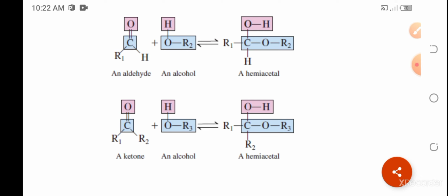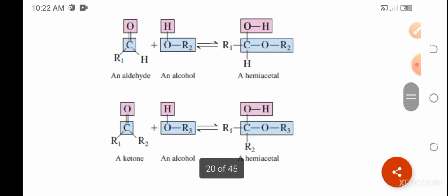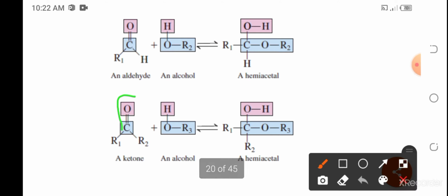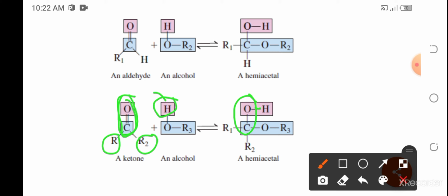Ganon din pag ketone. Okay, for ketone, since nakasandwich ang carbonyl group in between two alkyls, but the mechanism will still be the same. The carbonyl double bond will be broken into single bond, giving oxygen and carbon atom a free bond. That free bond will be the site kung saan i-attach yung hydrogen ng hydroxyl group sa alcohol.